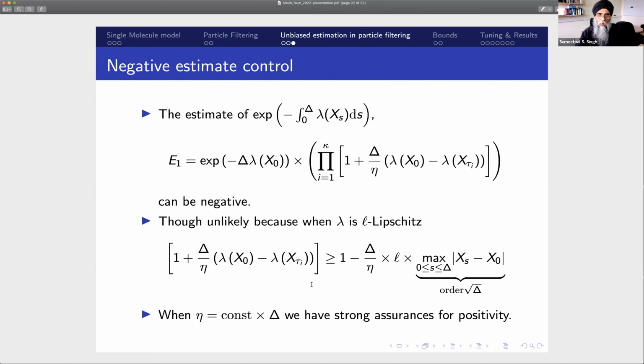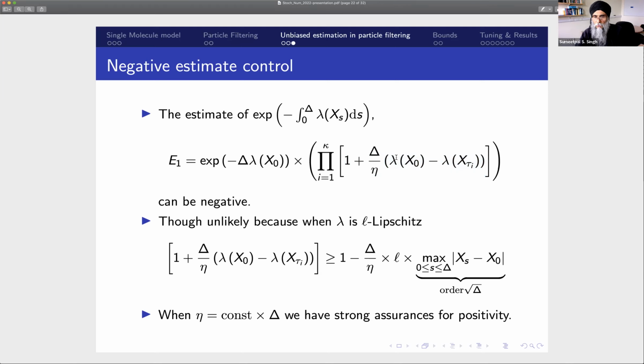Let's think about whether this could actually be negative. Well, I said it can, because there's nothing stopping this whole thing from being a number smaller than -1. But it's unlikely, if delta is small. The reason is, the most negative this can be is when this is at its largest, times -1.